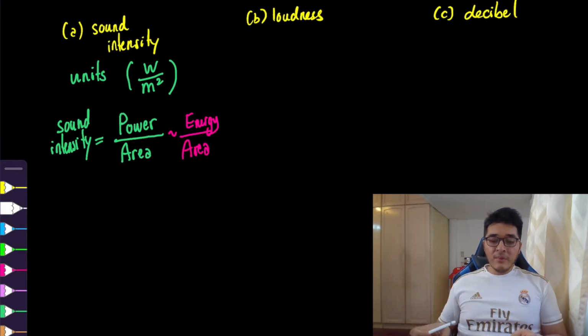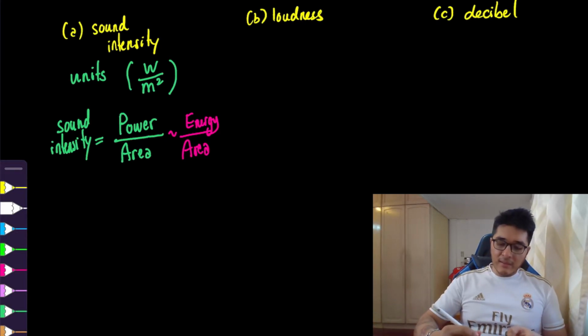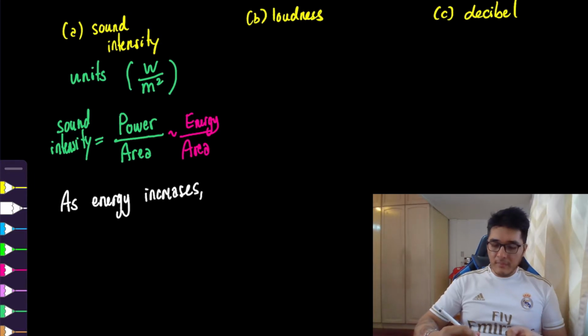So now, what are some ways that we can help to define sound intensity? Well, by first looking at this formula, we can look at how we can change sound intensity, and then try to get a better idea from it. So let's see. As energy increases, the sound intensity will increase, right?